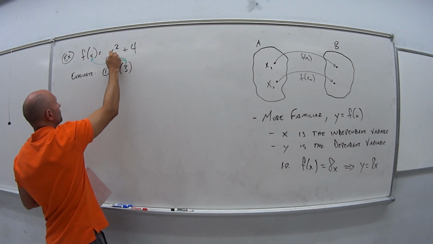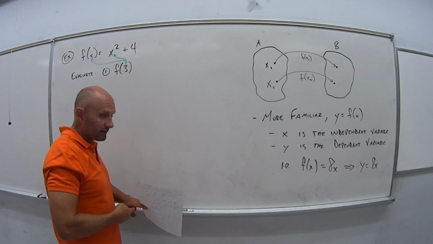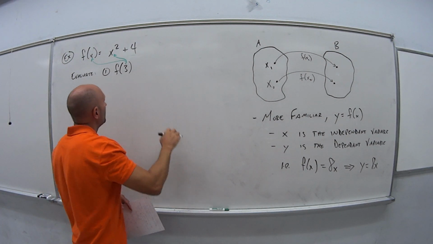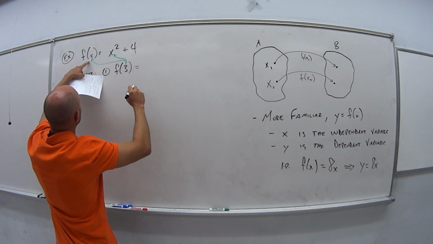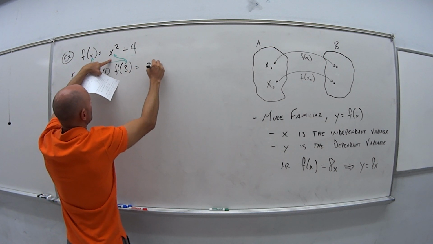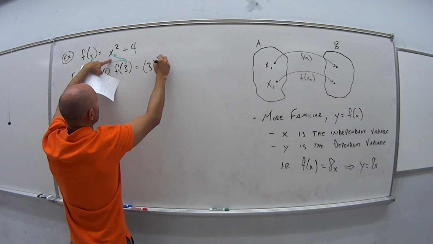So what we want to do is replace the x in our formula with whatever value is inside of here. So f of 3 just means take the x, change it to a 3, and then complete everything else the same.